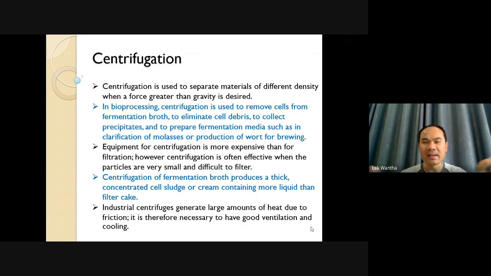The solid obtained from filtration is thicker, or more concentrated, than the centrifuge solid.